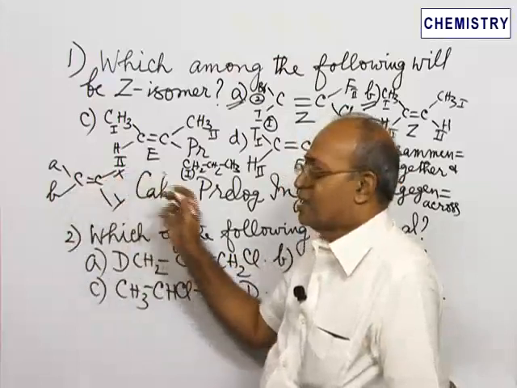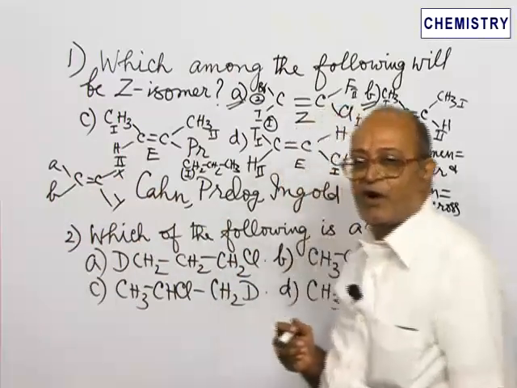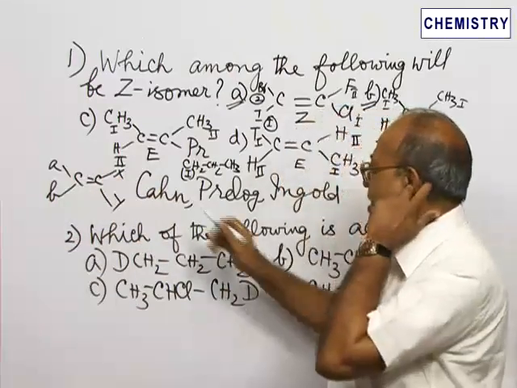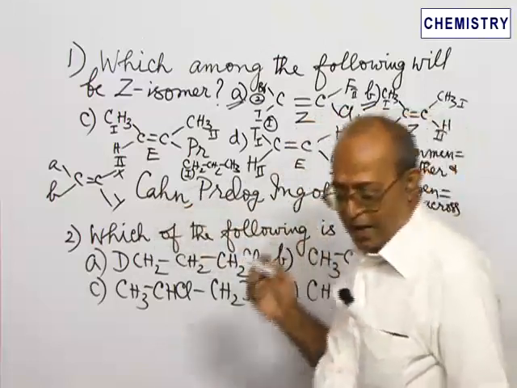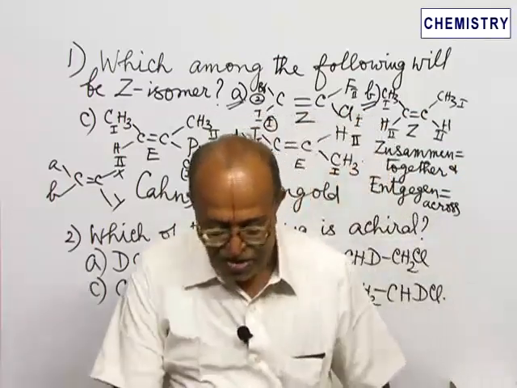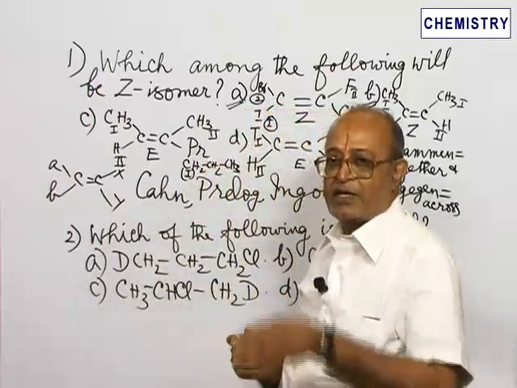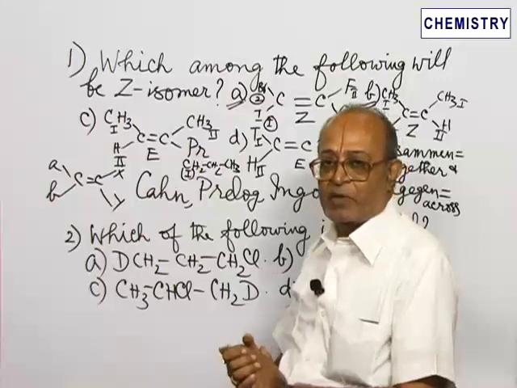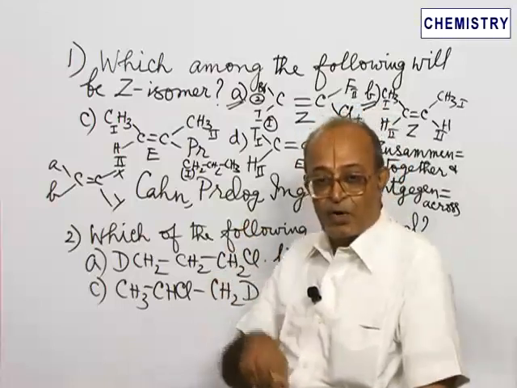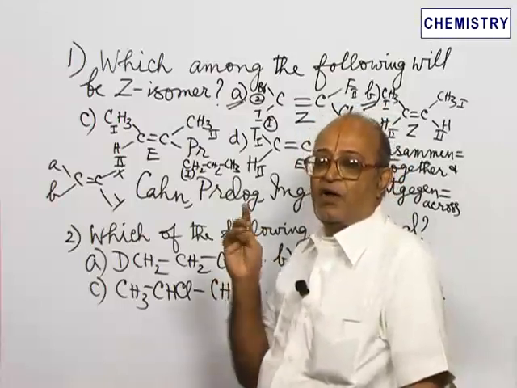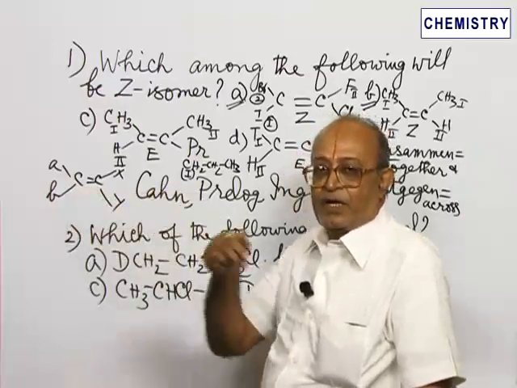But if a situation arises in which these 4 substituents, A, B, X, Y, are different, then we go in for the sequence rules proposed by Cahn, Prelog and Ingold. And this principle is based on the fact that the substituents are given first priority or second priority, as the case may be, depending on the higher atomic number, if it is a group, higher atomic number of the atom which is connected to this carbon, or if it is an atom, its atomic number.